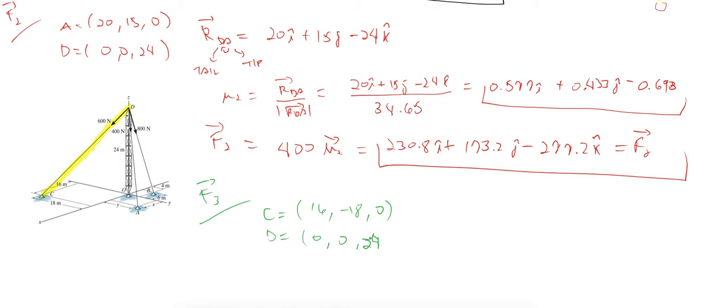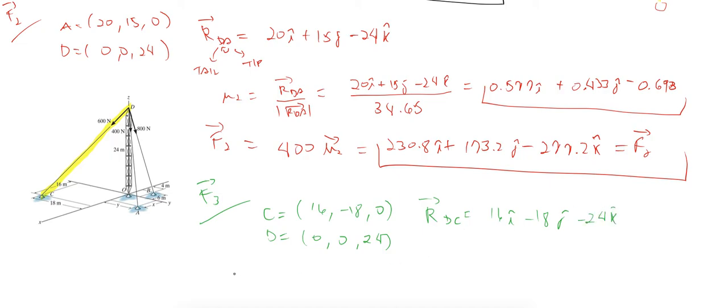Okay, let me just go back here because that didn't look very good. So we get our DC equal to 16I minus 18J minus 24K.